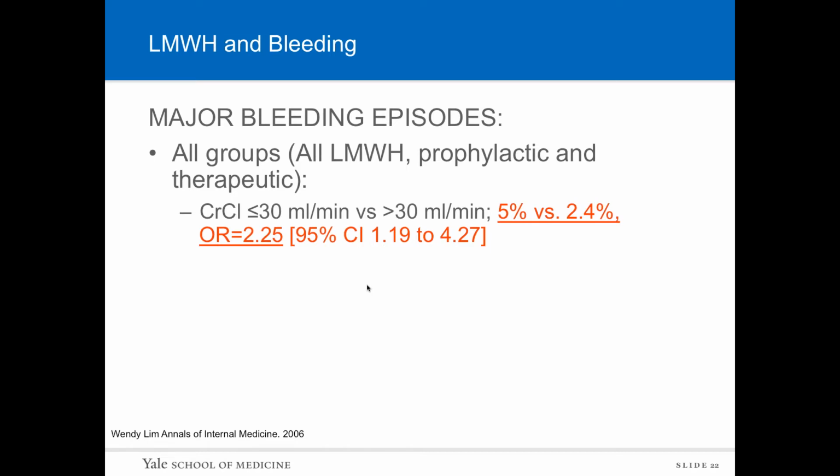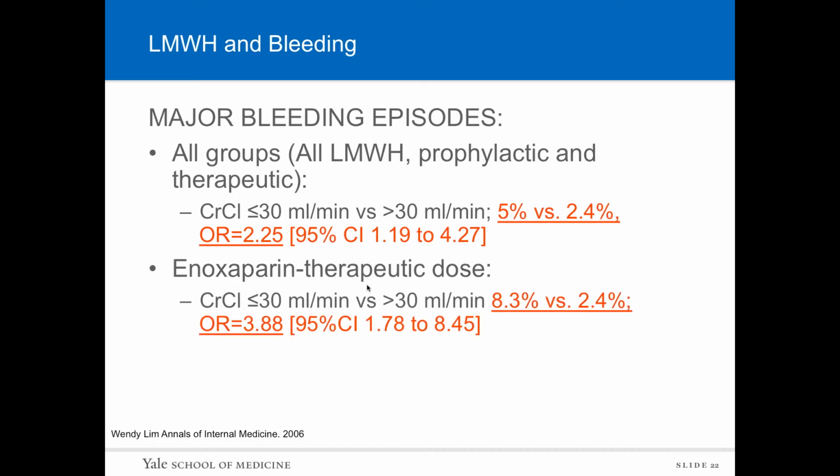The major bleeding episodes were much higher in individuals with chronic kidney disease as compared to individuals with GFR above 30. And this effect was most prominent when therapeutic dose of enoxaparin was used, thus indicating that therapeutic doses of low molecular weight heparins have a much higher rate of bleeding in CKD patients as compared with those who have normal renal function.